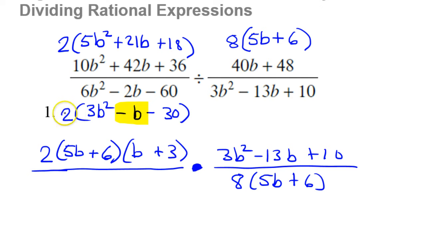Okay, so I have the 2, and again, I'm going to try to factor this trinomial as a binomial times a binomial. 3b squared can only be 3b times b. Now 30 could be 2 times 15 or 3 times 10. Okay, I'm going to try 10 times 3. By the way, I knew not to put the 3 here.